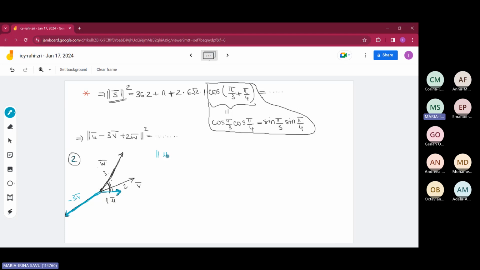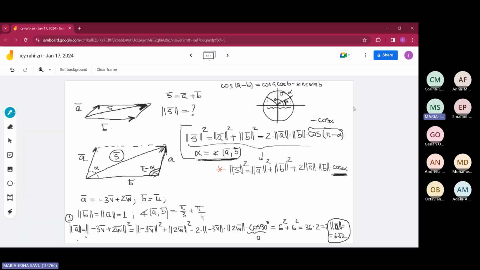The norm of u minus 3v squared will be, and you tell me, how do I find this norm? Sorry, plus, and now I have to write minus.